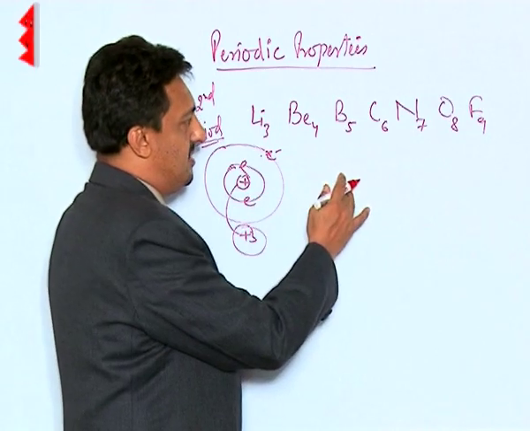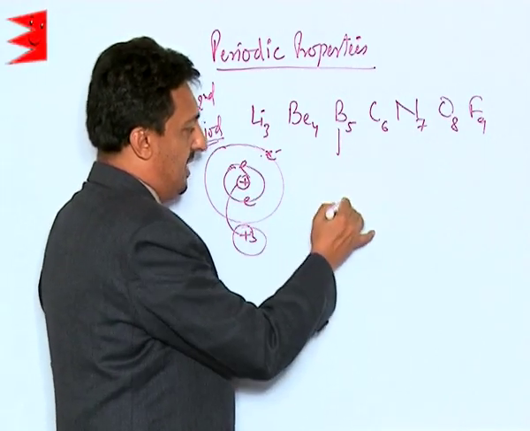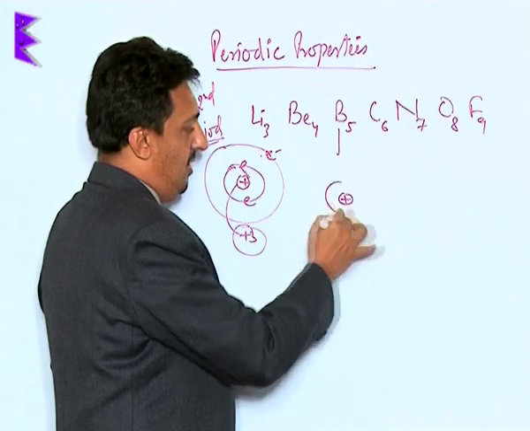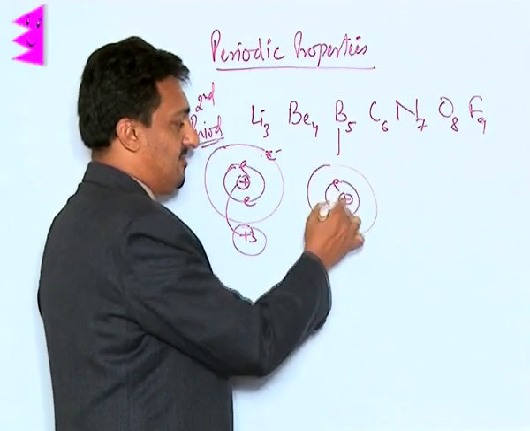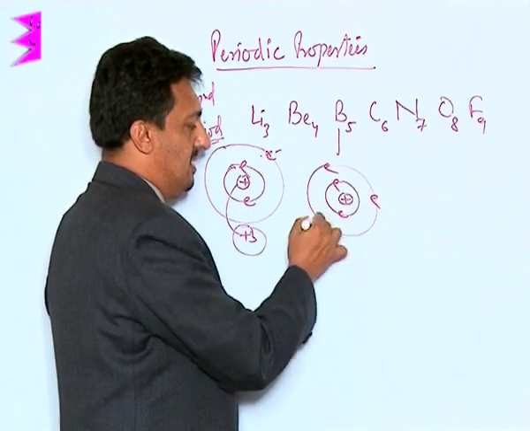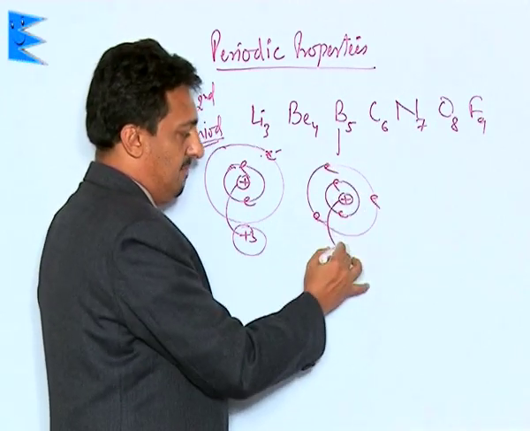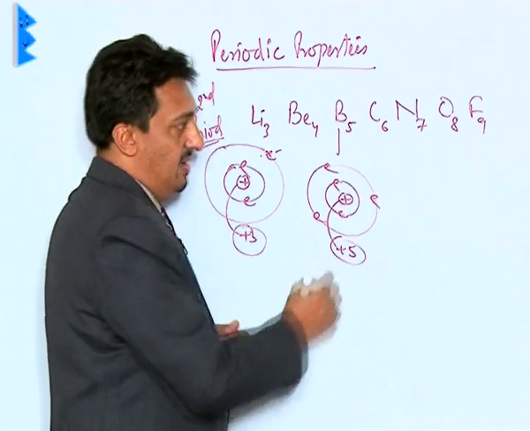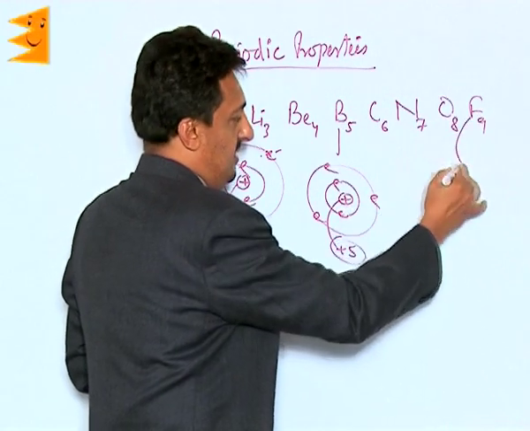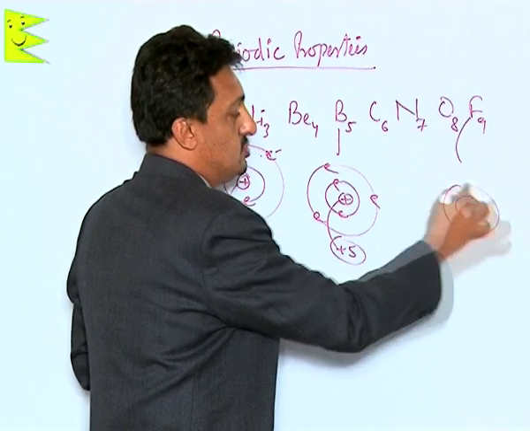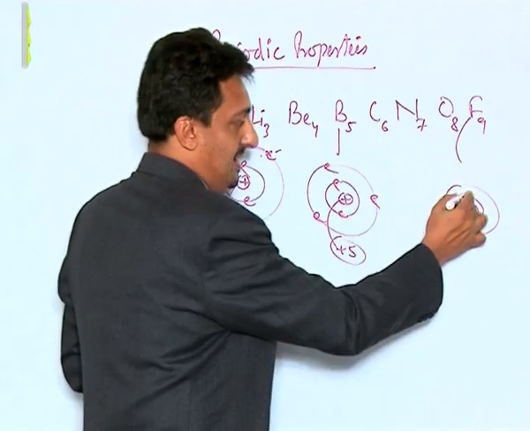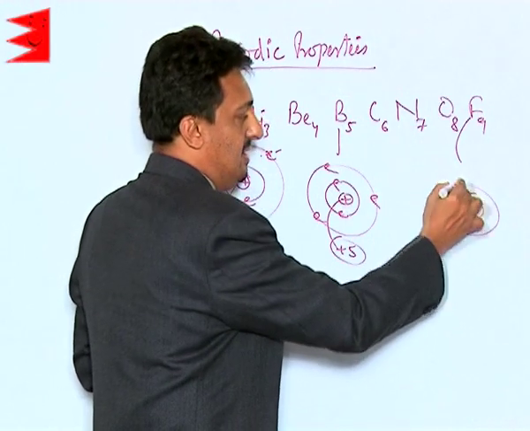But as we keep increasing, like in case of boron, again there are only 2 orbits around the nucleus, but electrons are 5, so nuclear pull is +5. As we get to fluorine, again the atom has only 2 orbits, but electrons are 9.